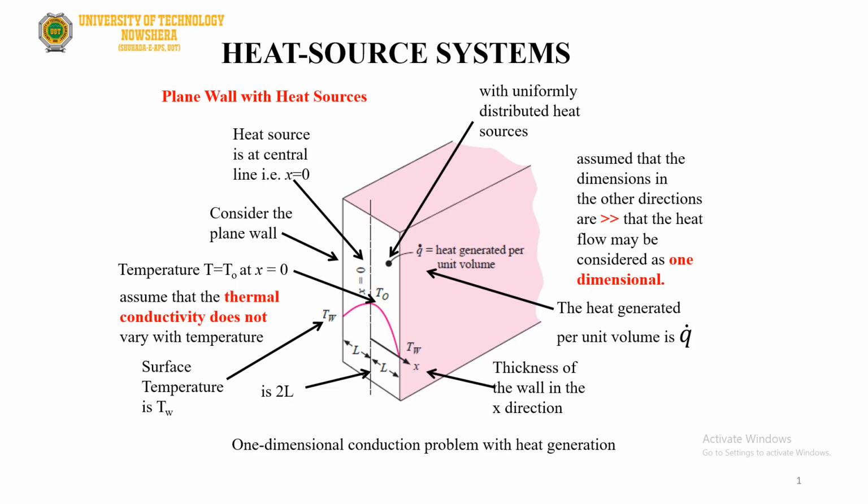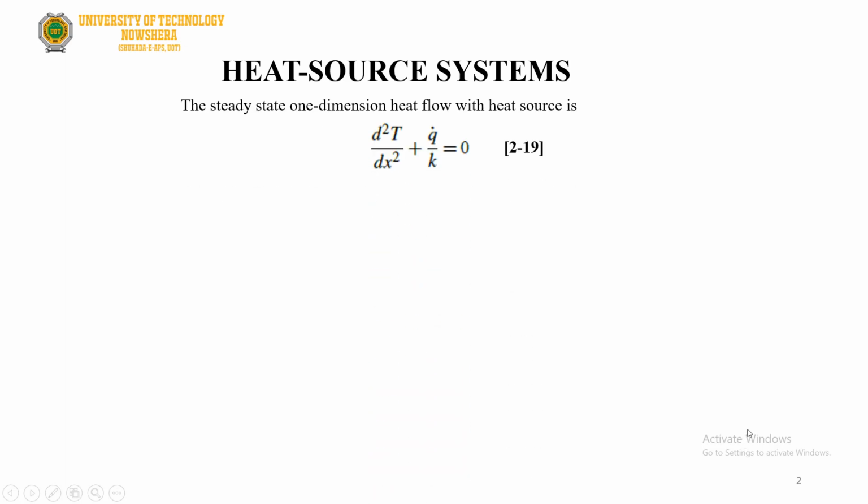We will just study one dimensional heat equation, and in this case we are interested only in x direction. We can also say that in this case temperature is a function of x only. Now we have derived conduction heat equation, and you can see this equation is a simplified version of the equation that we have derived.